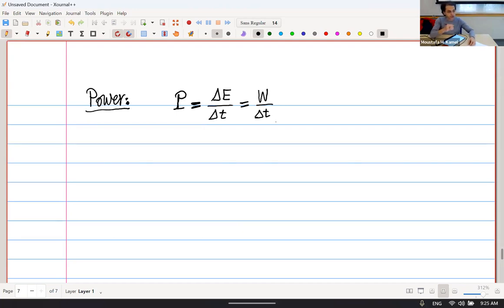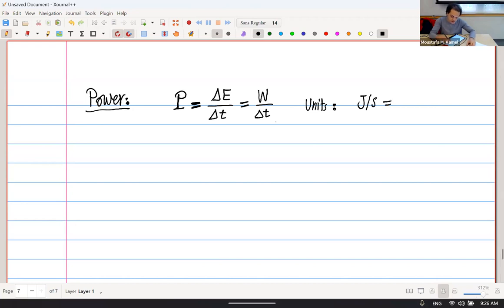The unit of power is joule per second. Okay, so this is the unit. Joule per second, but this is not the common unit.